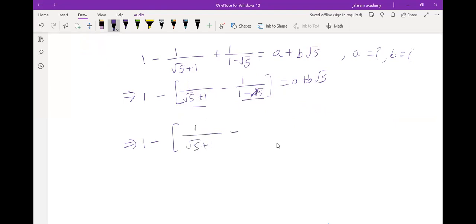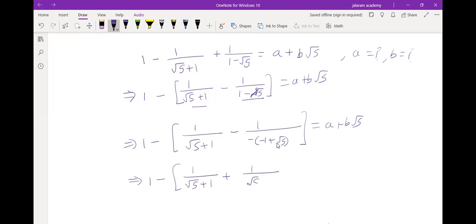Now if we take minus common from the denominator, 1 minus root 5 becomes minus 1 plus root 5. Is that clear to you? It implies 1 minus, now we again write 1 upon root 5 plus 1, and this minus into minus is plus. And if we write positive first, negative second. Is that clear to everyone?